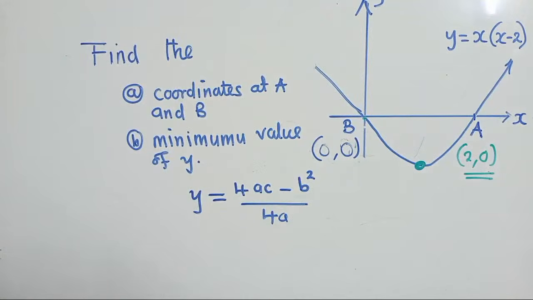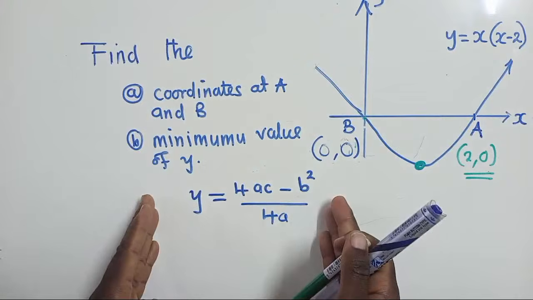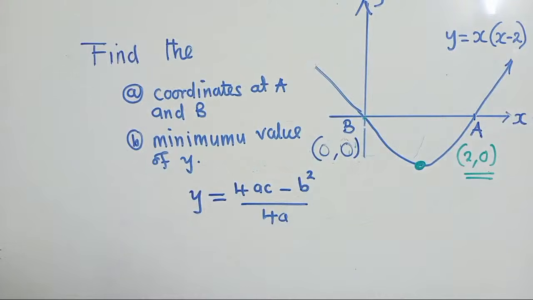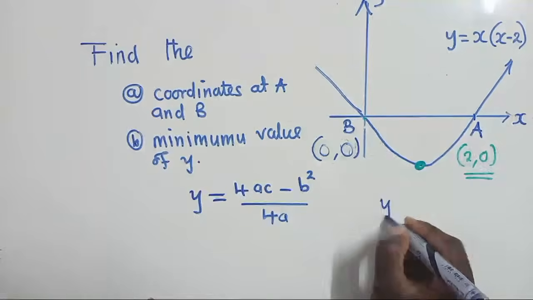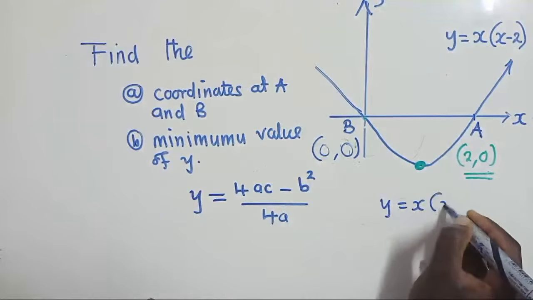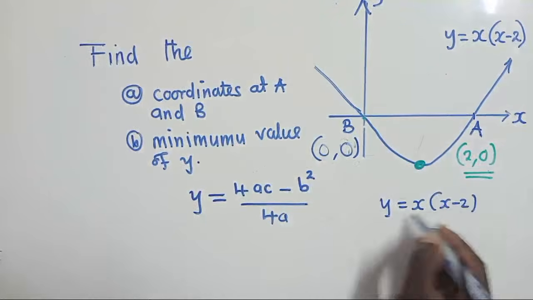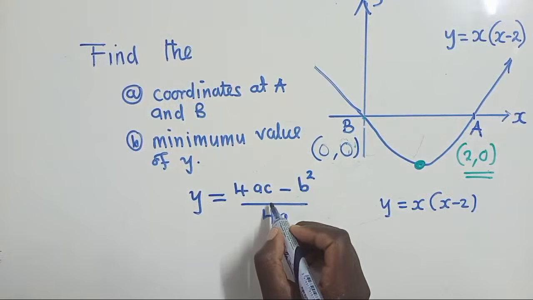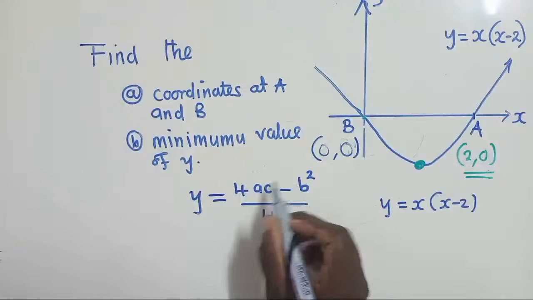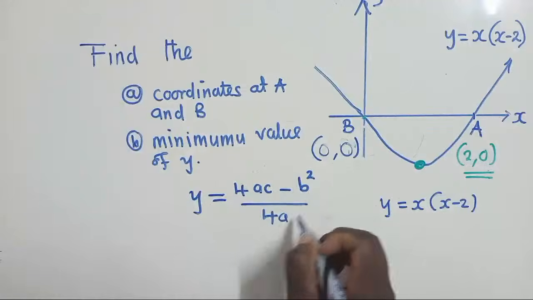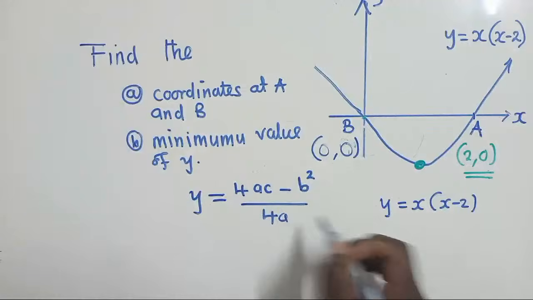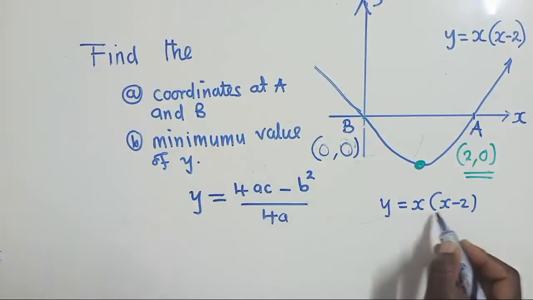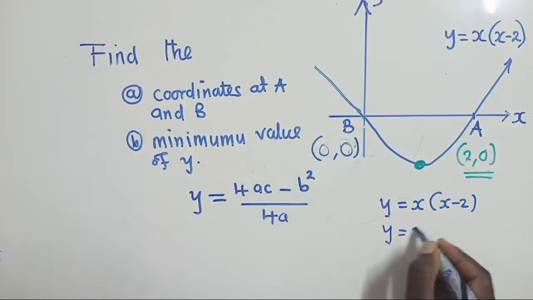Now, if we are using this formula, we need to play nicely with our function, because we know that our function is right here, or the graph. For us to be able to know our A, our B, and our C, so that we plug them in this formula, we have to get rid of the brackets. So it will be like this.